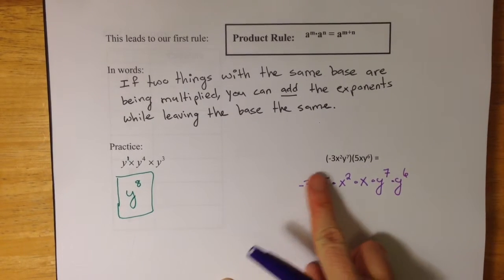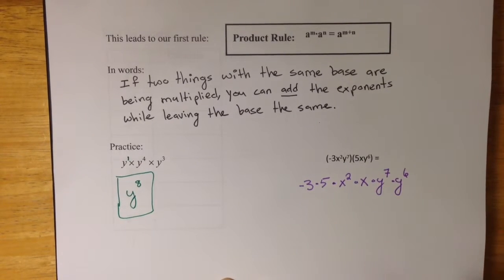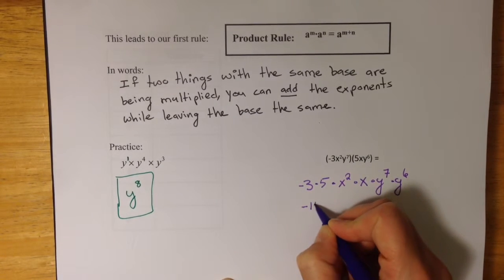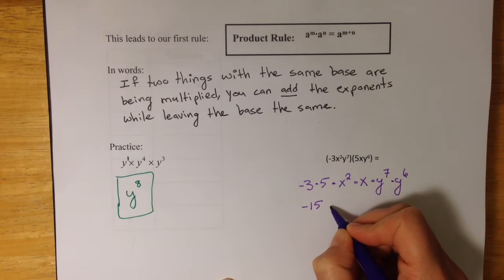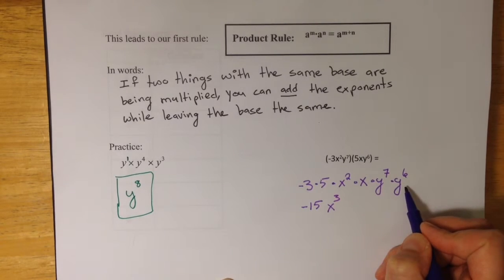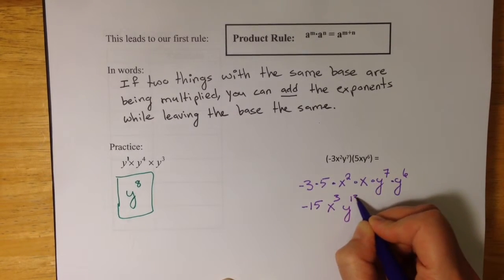I still have all the same pieces and everything is still being multiplied. Now it's a little bit more obvious to me which pieces go together. Negative 3 times 5 is negative 15. x squared times x is 3 x's total, so that's x cubed. And y to the 7th times y to the 6th is 13 y's total. So this is y to the 13th.